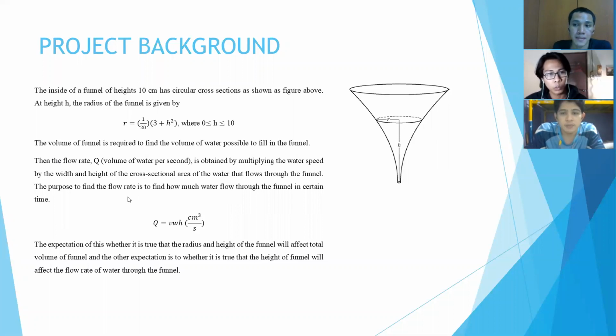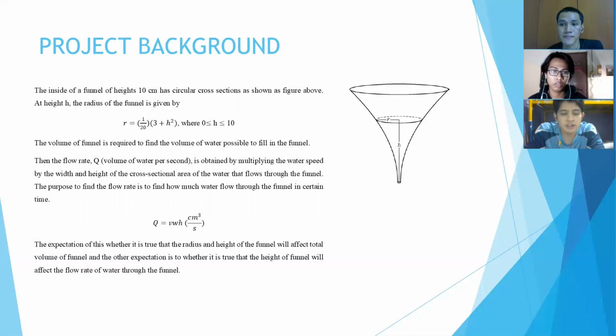The purpose of finding the flow rate is to find how much water flows through the funnel in a certain time. The formula of flow rate is Q equal to V times W times H, in centimeter cubed over seconds.